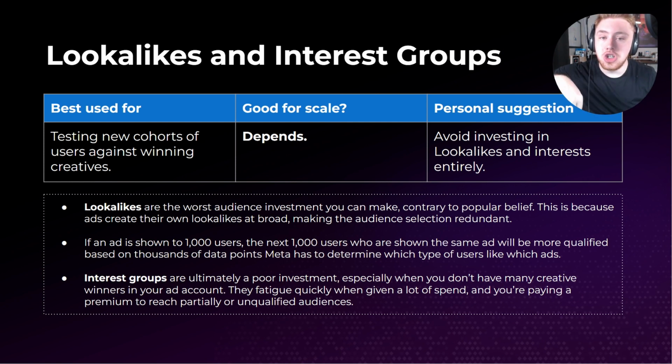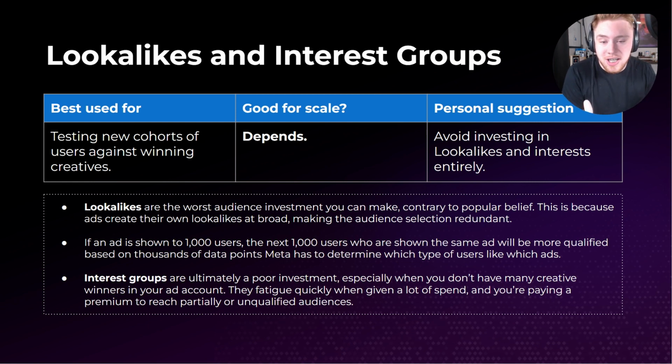And because you're reaching a higher percentage of users that are more likely to have a good experience with the ad, you're also increasing the chance that the advertiser makes a sale or converts on their business objective, which makes you more money. That whole process that I just described is an ad creating its own lookalike audience.